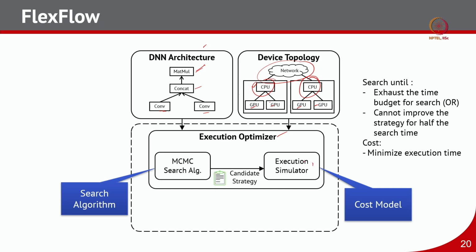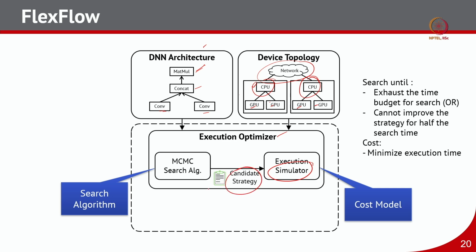When we say simulator, it is not actually executing that DNN architecture with that parallelism strategy, but it is trying to simulate, to guess the performance if that DNN architecture is parallelized using this particular candidate strategy.